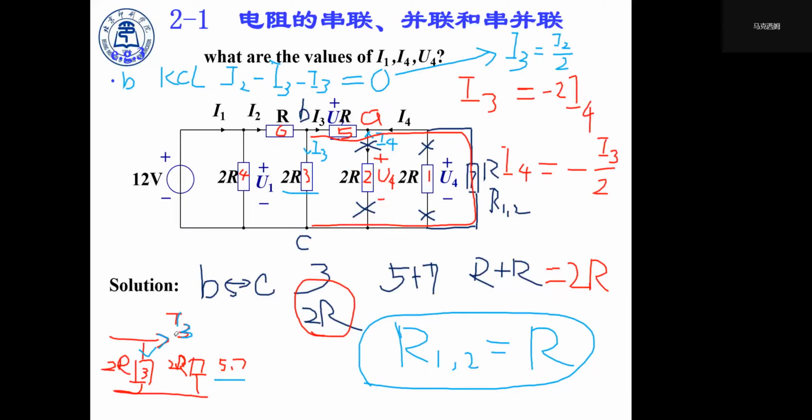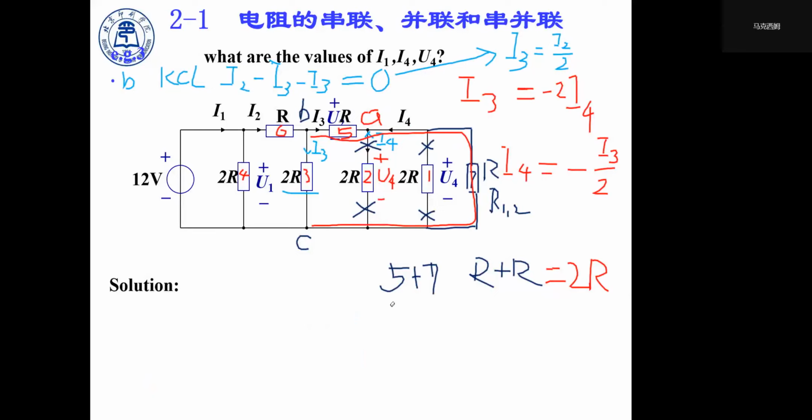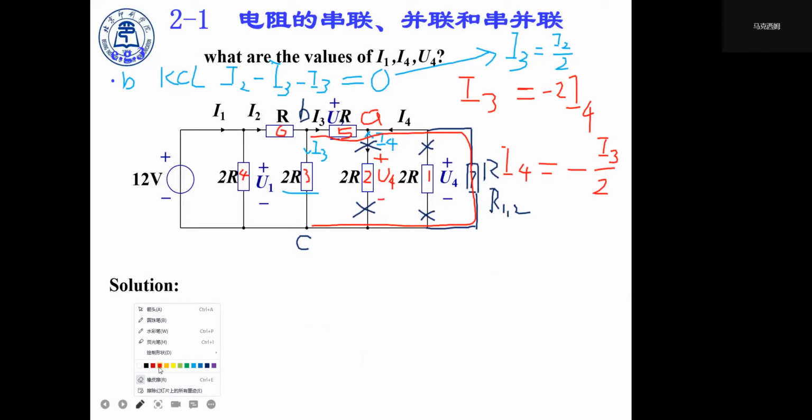So this time we can see that from point E and F, I2 will flow through.